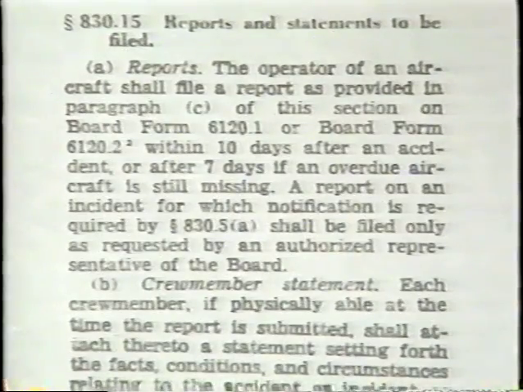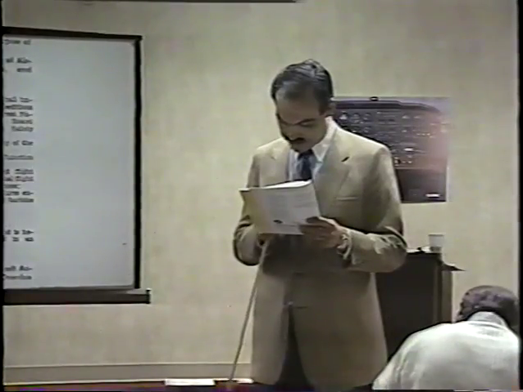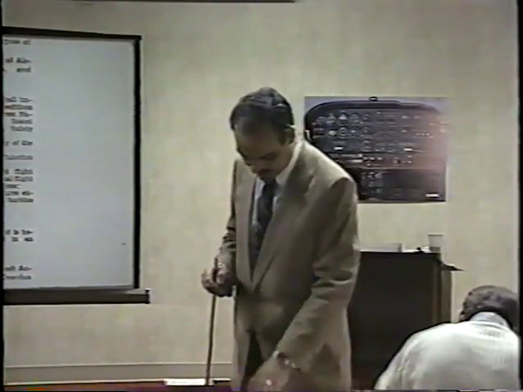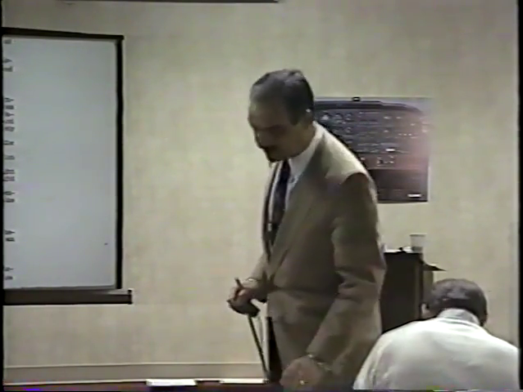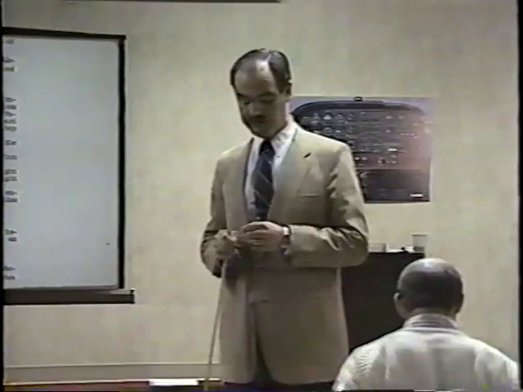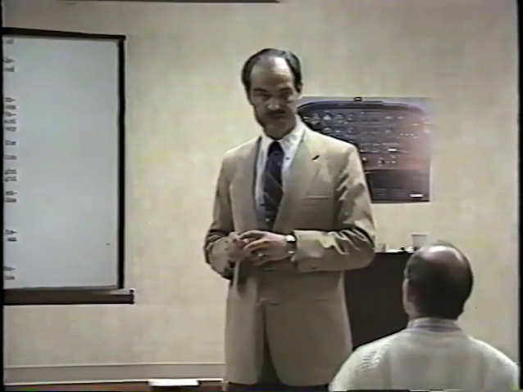So it's 10 days for accidents, 7 days for overdue aircraft. Okay, so you want to know that. Anyway, look at your special appendix, and that'll cover everything you want to know for the test on this.